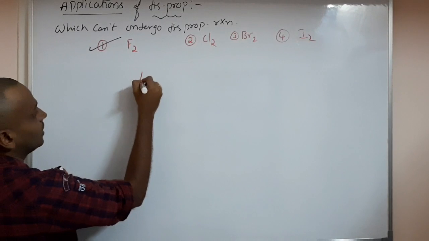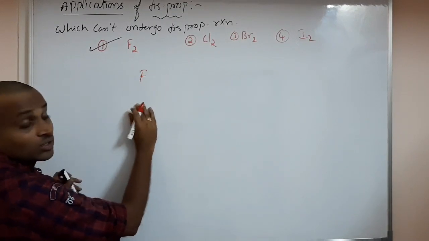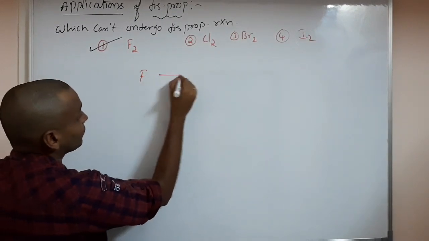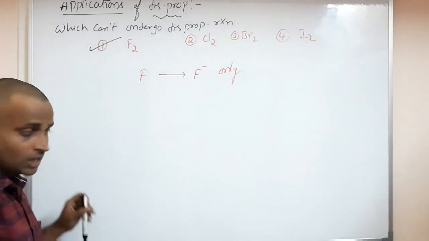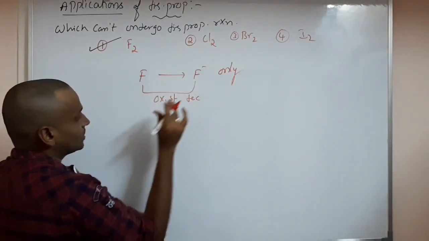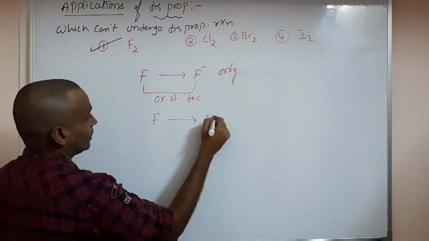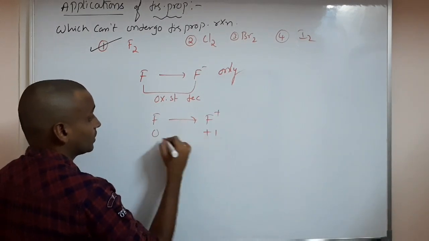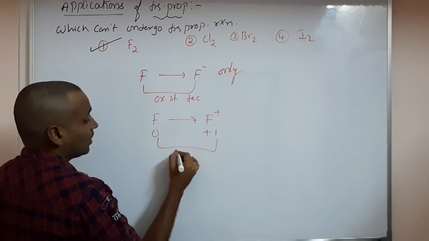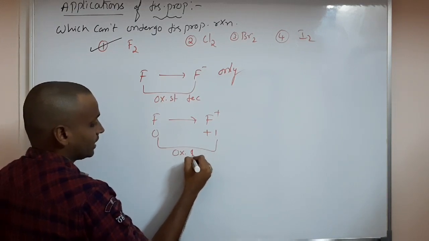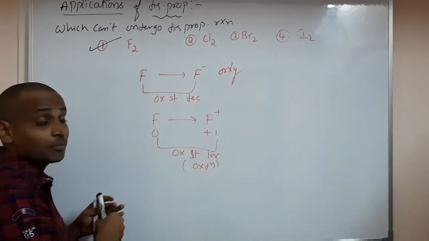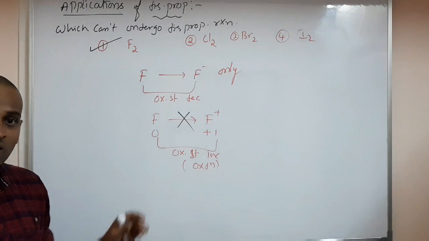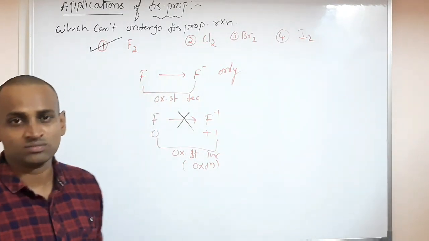But fluorine cannot lose electrons. F can convert only to F minus. So only a decrease in oxidation state is possible. F converting to F plus, 0 to plus 1, would be an increase in oxidation state, which is oxidation, and this never happens.